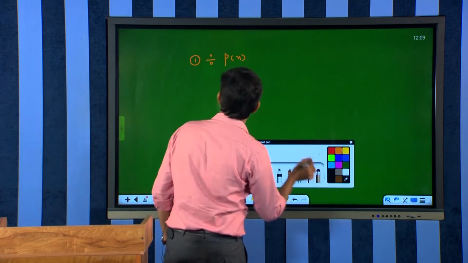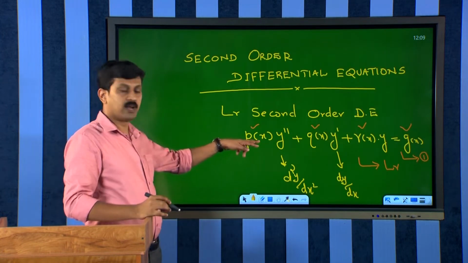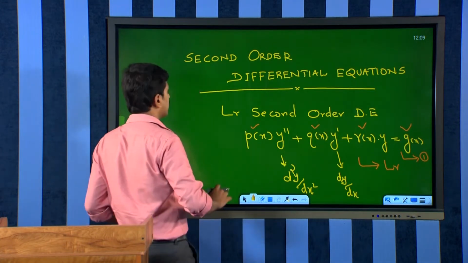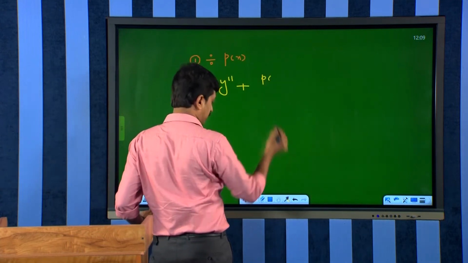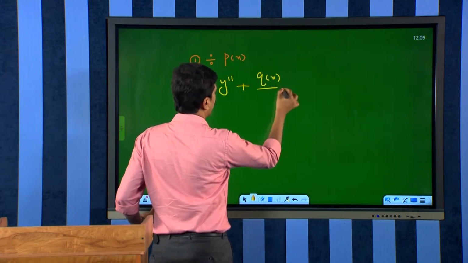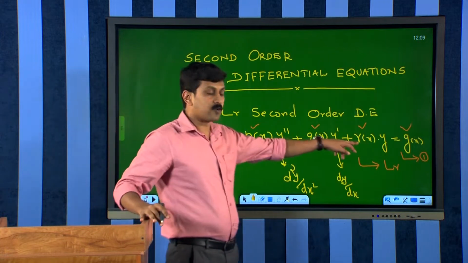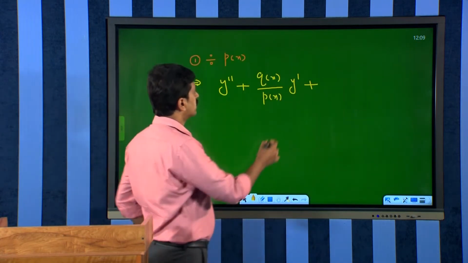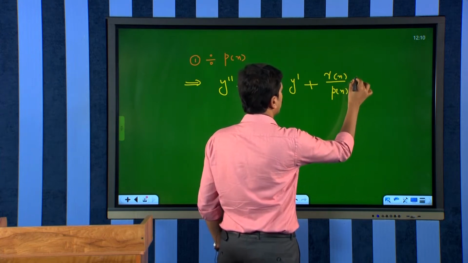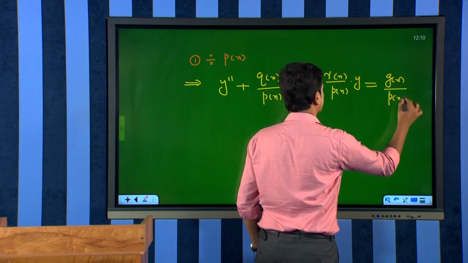Then we will have y double dash plus q of x divided by p of x into y dash, plus r of x divided by p of x into y, and finally g of x divided by p of x.